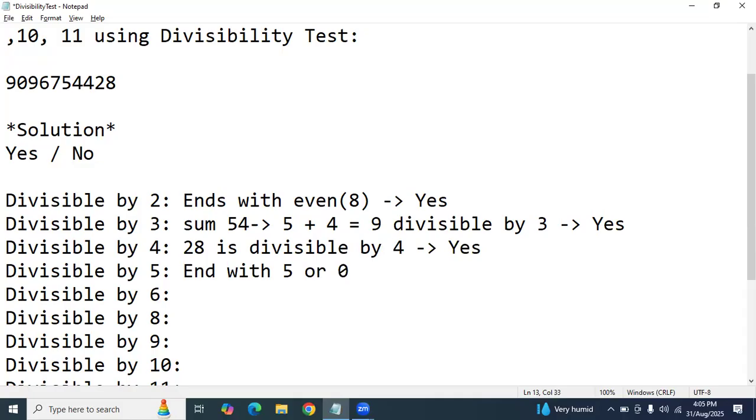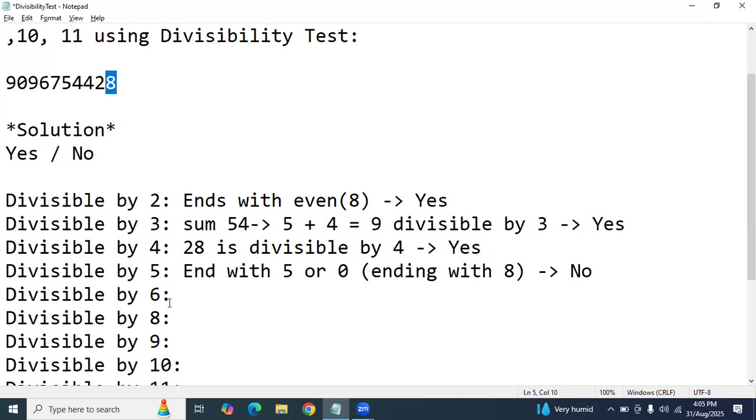But here, if you look at it, it's ending with 8. So for any number to be divisible by 5, it should end with 5 or 0. Here it is ending with 8, so it is not 5 or 0. So this number is not divisible by 5.